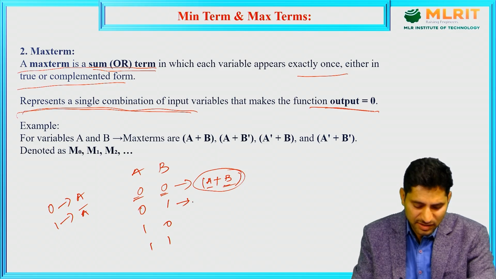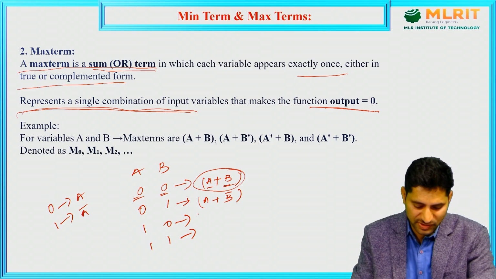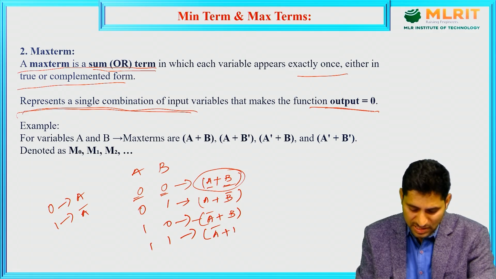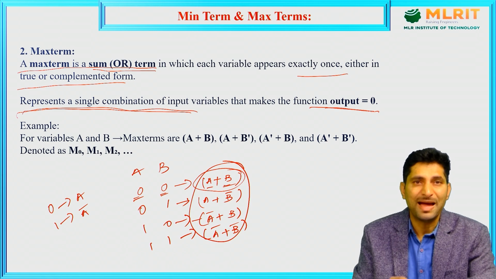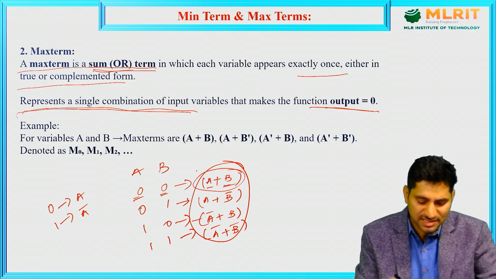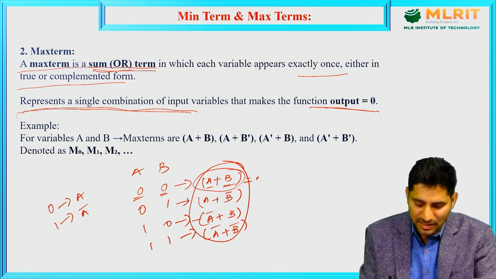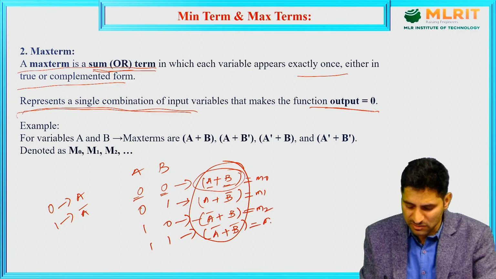Like that, if I write all these combinations: 0 means a and 1 means b, and take OR in between. Next one, a bar plus b, next one a bar plus b bar. These are known as max terms, which are used by the OR gate, and denoted by capital M0, capital M1, capital M2, and capital M3.